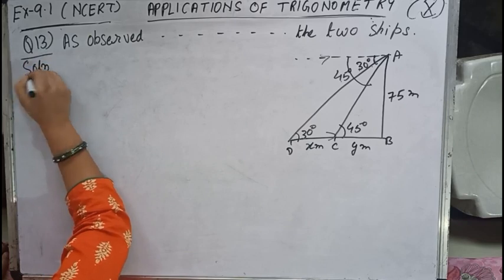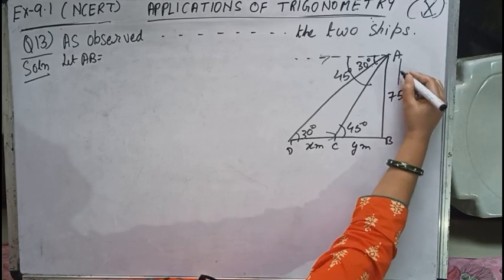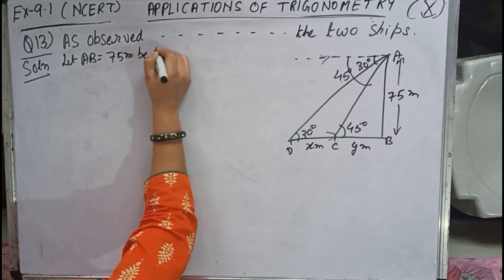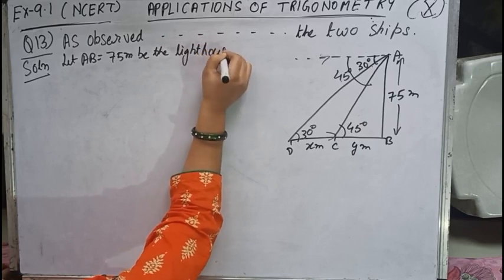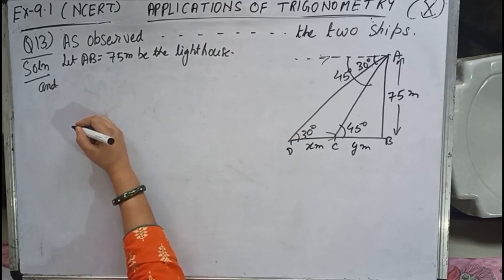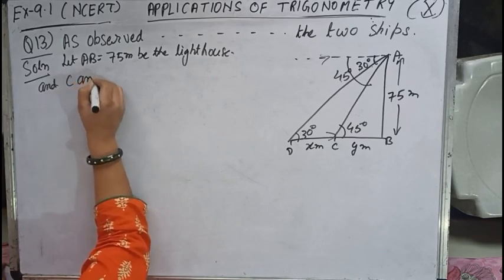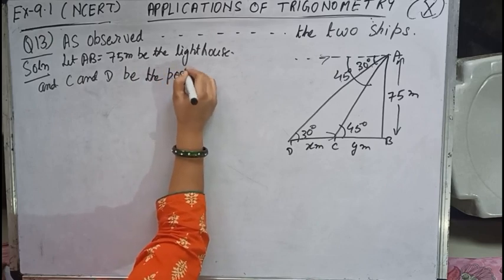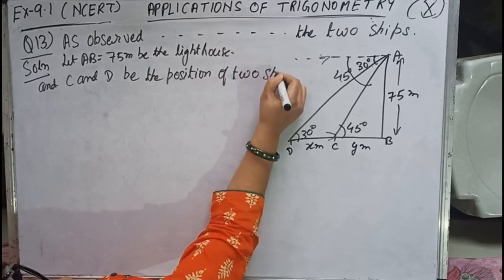So in the solution, let AB equals to 75 meter be the lighthouse, and C and D be the position of the two ships.